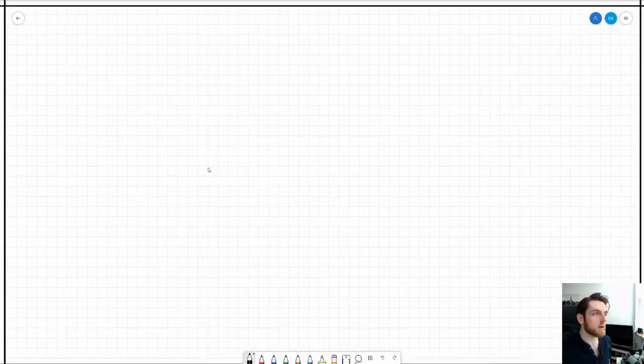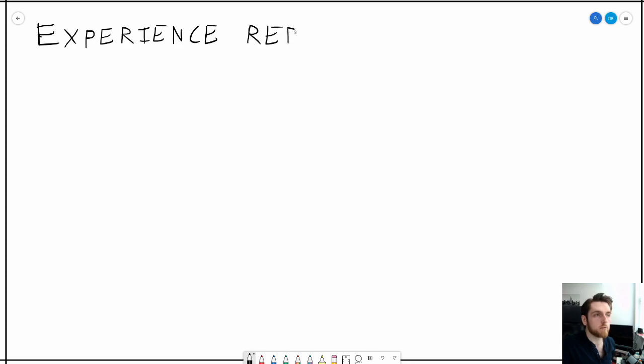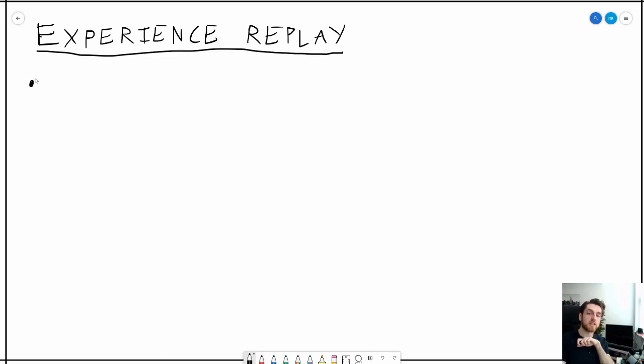So the way experience replay works is by reusing past experiences in order to both reduce the variance of the gradient estimate by having more samples, by having a larger batch of samples for each gradient estimate, and also to make the samples that you're using more independent from each other in particular.